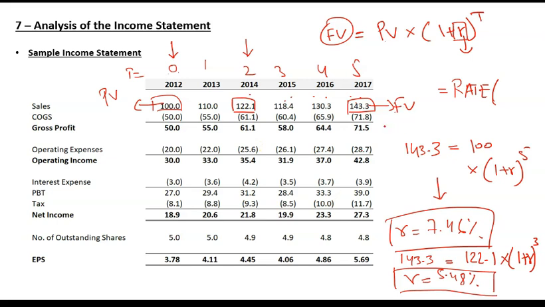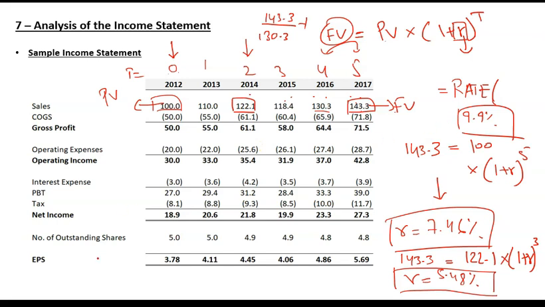Now next thing that you do is look at the most recent trend, what has happened in the most recent year. If you just calculate the last year's growth, it will be 143.3 divided by 130.3 minus 1. What is it? 9.9% or 9.98%.